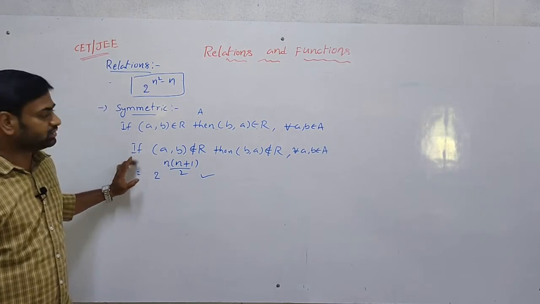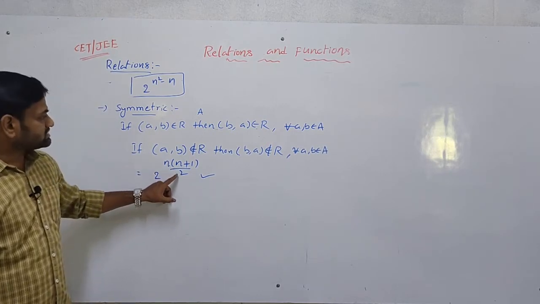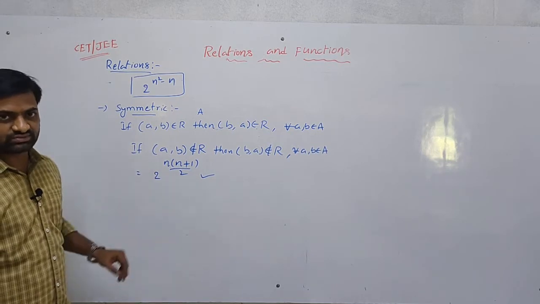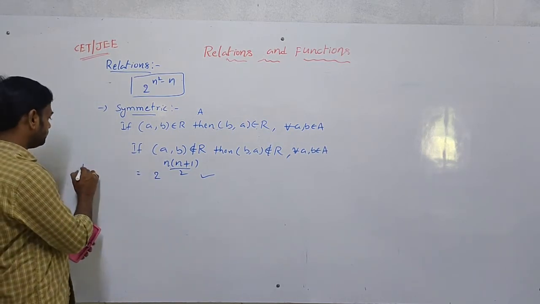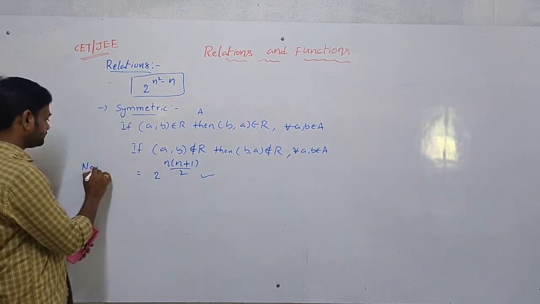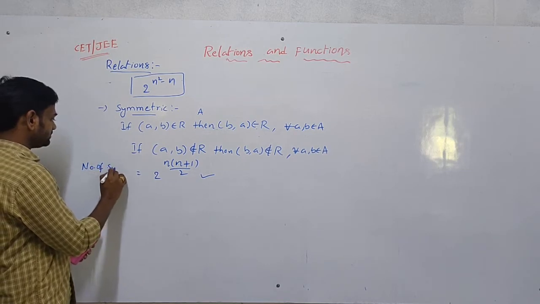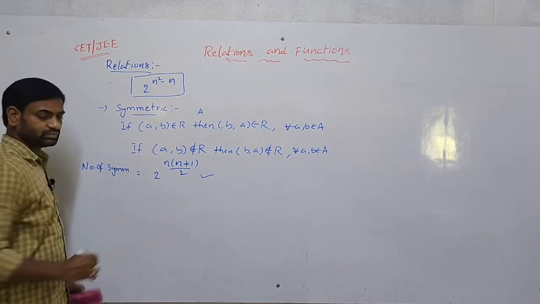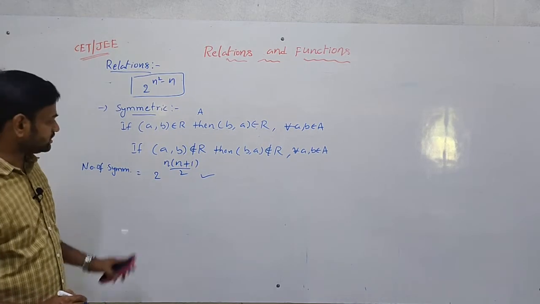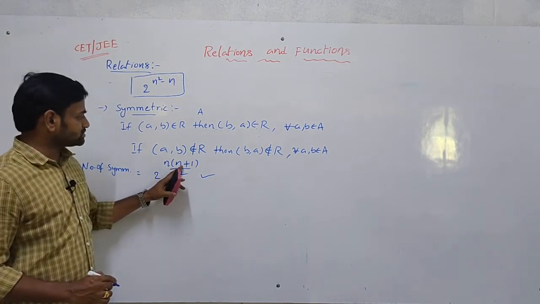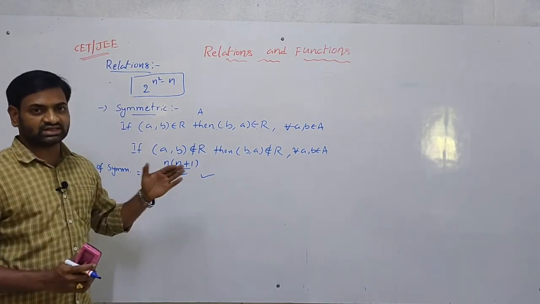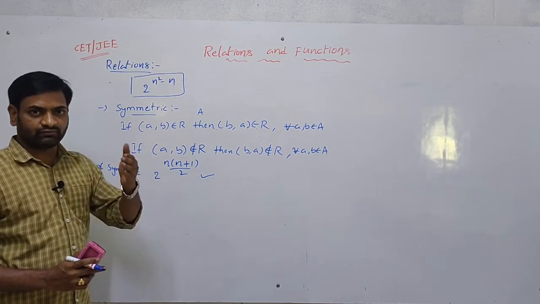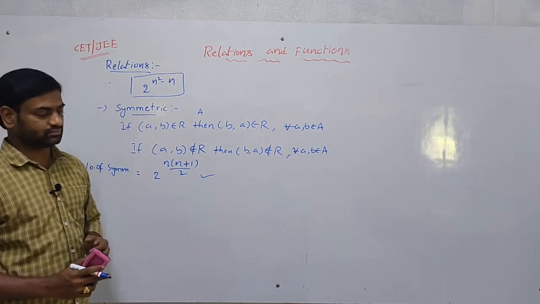This is the formula for the number of symmetric relations. Here, what does n mean? The number of elements in the given set.